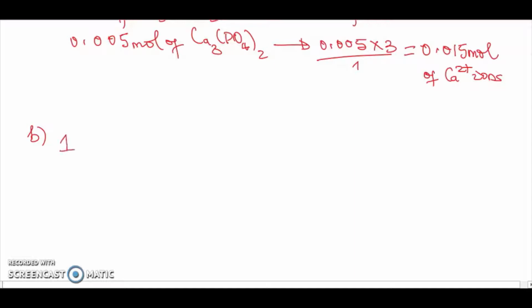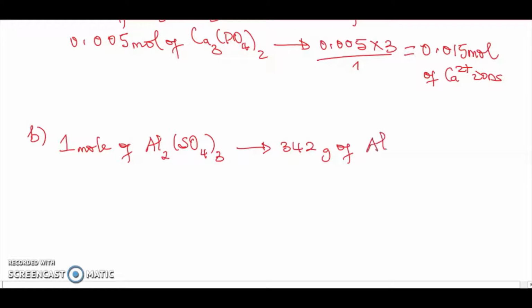So 1 mole of aluminum sulfate contains 342 grams of aluminum sulfate.